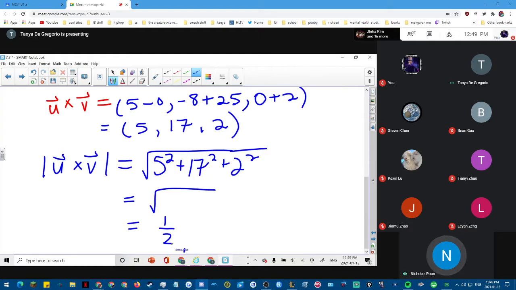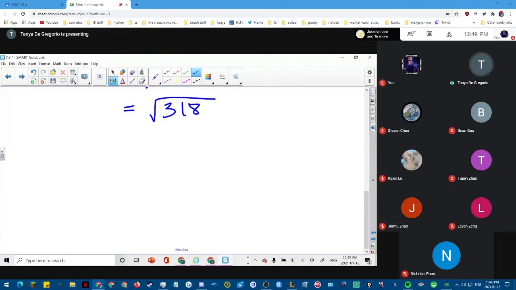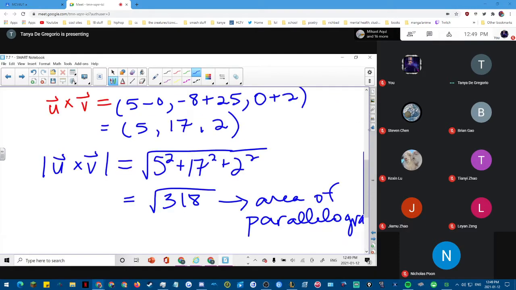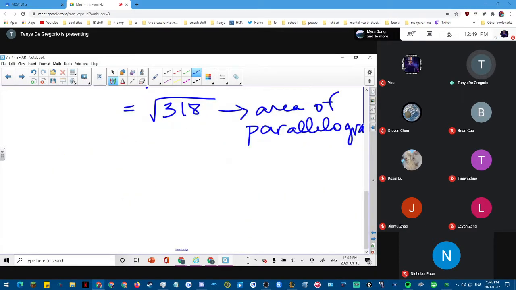Root 318. Good. Perfect. And this is the area of the parallelogram, which is also base times height.